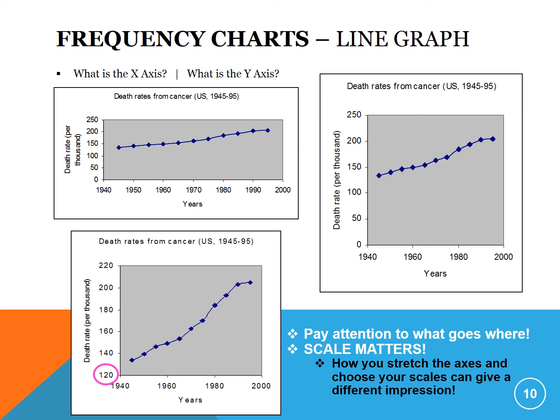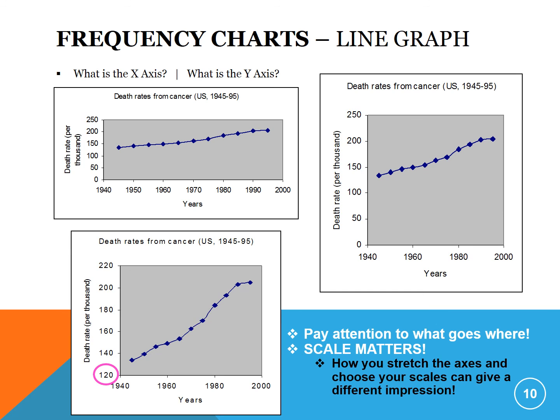Okay? In the top right, we might even say the same thing, but to a lesser degree. We actually took that graph and stretched it the way it should be so that the 0 to 250 for death rates is a little further out, spread out a little bit more. And then in the bottom graph, we actually shorten that scale for the y-axis to 120 because we had no reason to even start at 0, right?